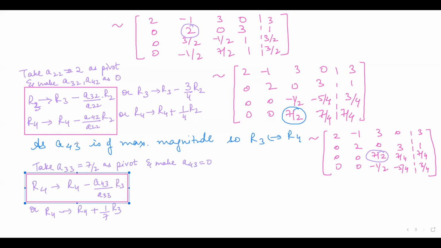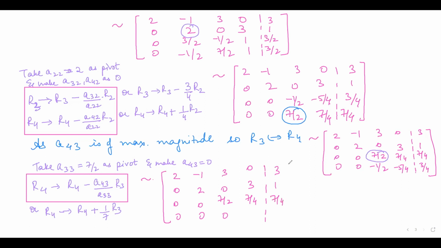Okay. Now, after doing this elementary row operation, I am getting this as 0, 0, minus 1, 2, 0, 0, 3, 0, 7 by 2, 0, 0, 3, 7 by 4, 3, 1, 7 by 4. For these two elements, just put in the values.